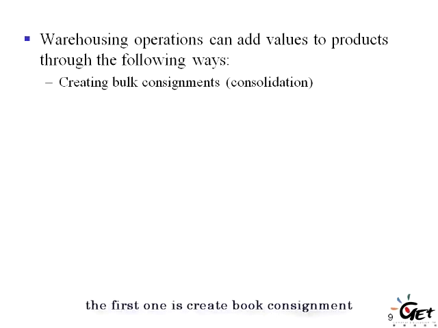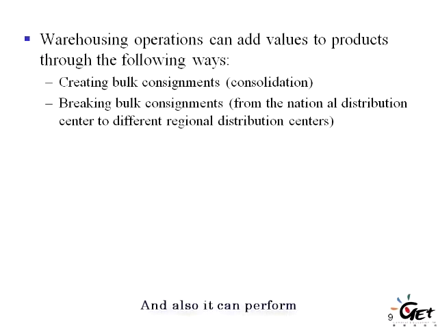The first one is create bulk consignment. Okay, that means to consolidate products from different suppliers, and then ship this combination of the products to the downstream organizations. And also it can perform breaking bulk consignments, to break a large consignment into smaller consignments.